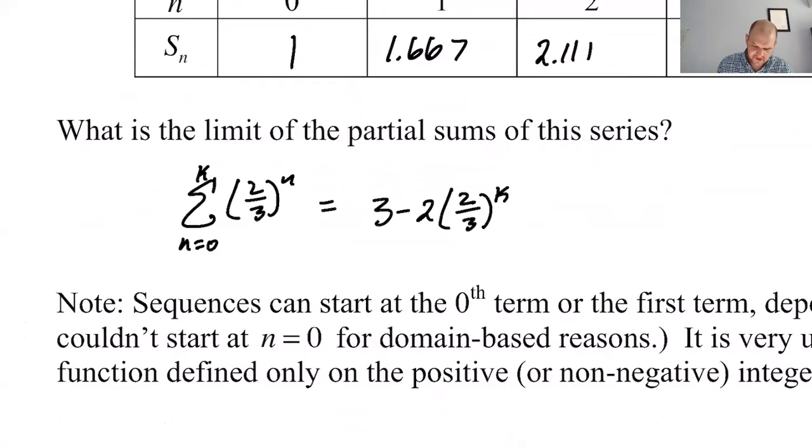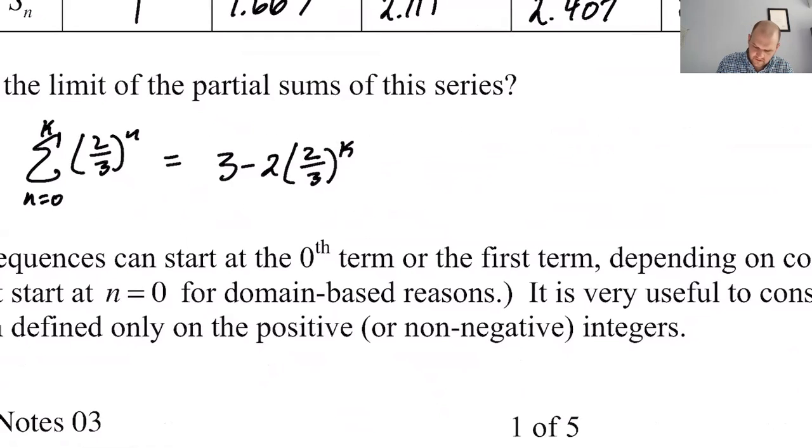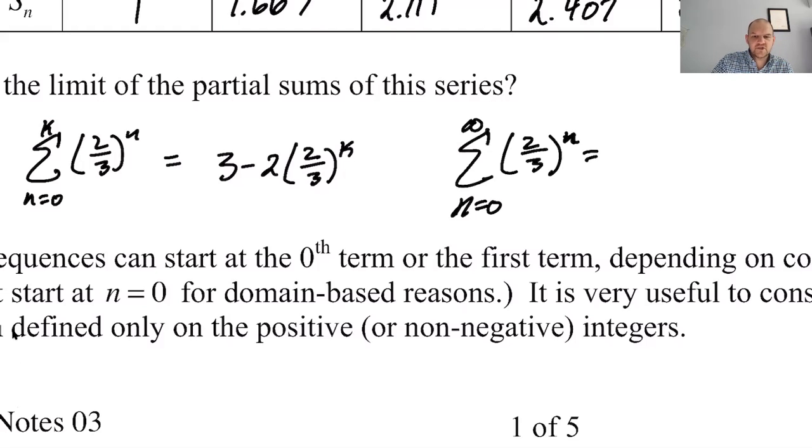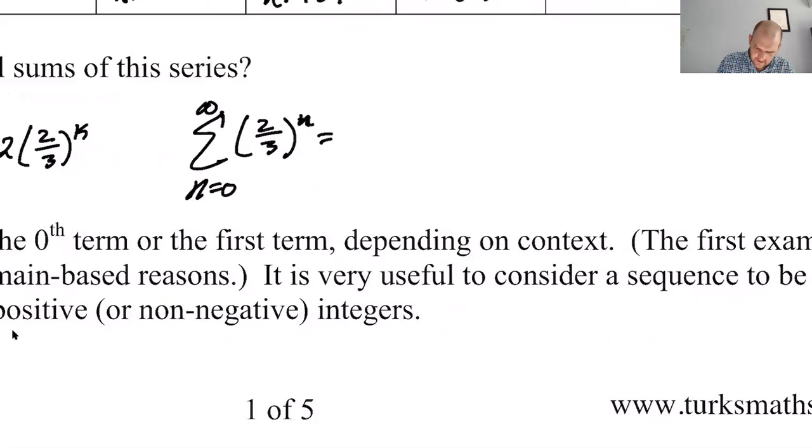So the calculator did something, right? So then the sum from n equals 0 to infinity of 2/3 to the n should be equal to the limit as k approaches infinity.